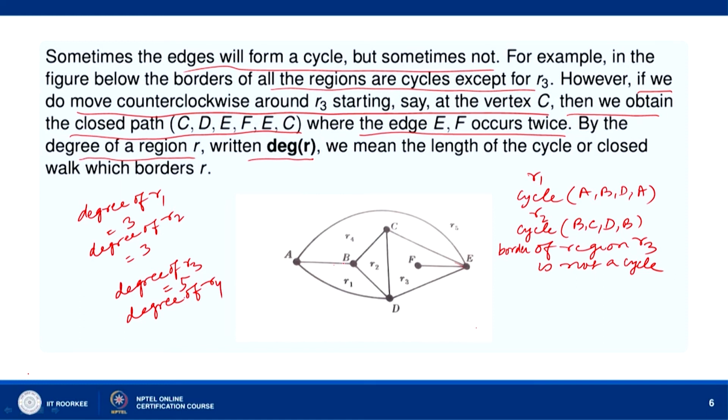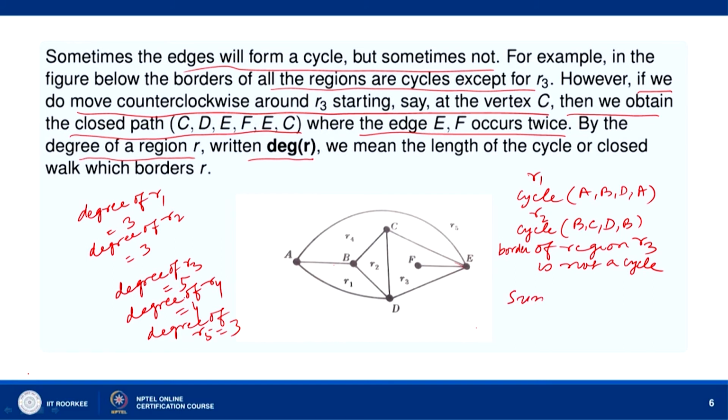Okay. So, AB, BC, CD, CE, ES, 1, 2, 3, 4, and degree of R5. You see R5: AD, DE, EA, so 3. Now, sum of the degrees of the regions is how much?